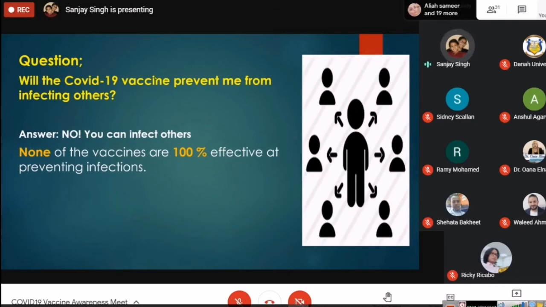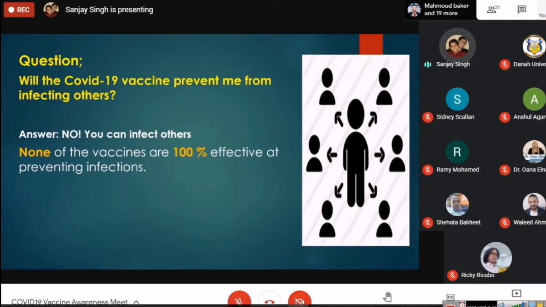Like the difference between transmission of symptomatic and asymptomatic. If somebody has a symptomatic infection, the transmission rate is up to 70-80%. But those that have asymptomatic infection, the transmission is not as much as symptomatic. It's much less, probably up to 40%.